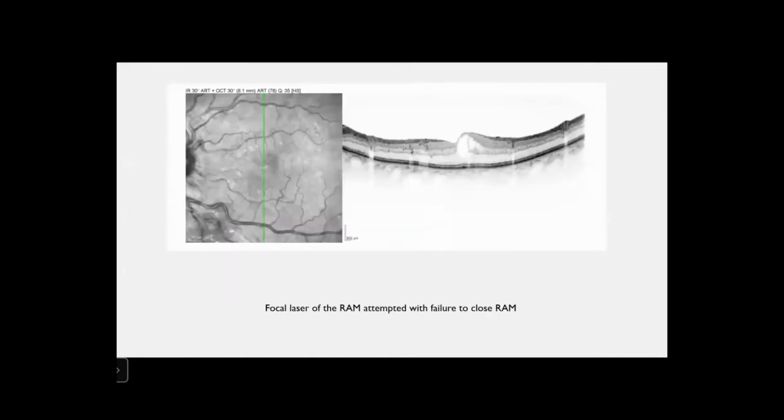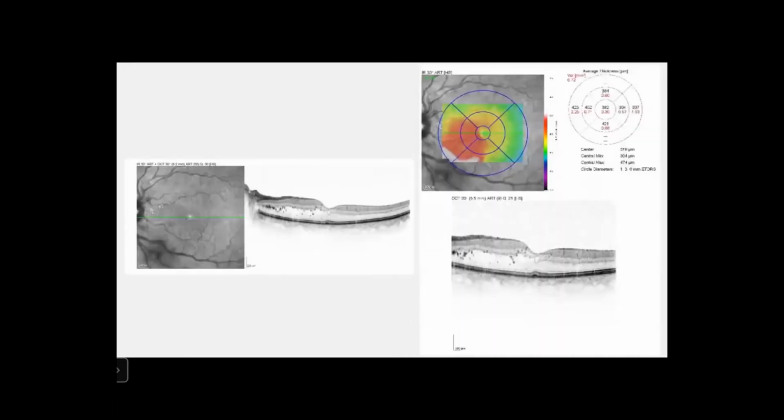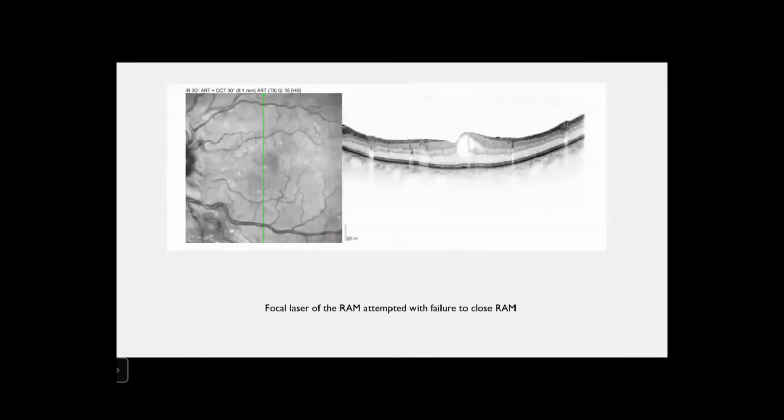And you can see the laser burns that I've created are these hyperreflective dots just around the RAM. And as you can see, although her edema did improve, unfortunately, I didn't close the RAM, and actually her foveal edema did worsen, and her vision still remained at 6/12. So I failed to close the RAM with laser treatment.